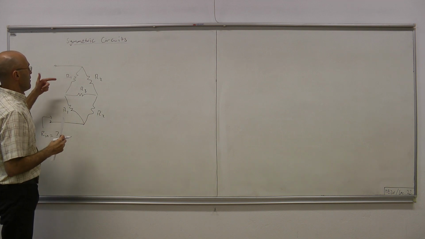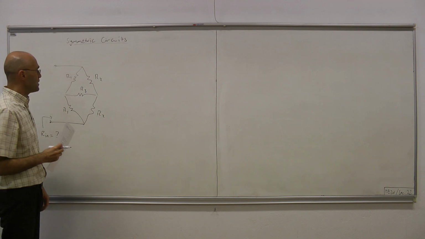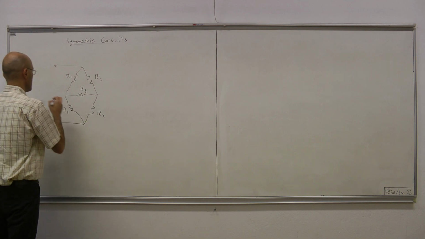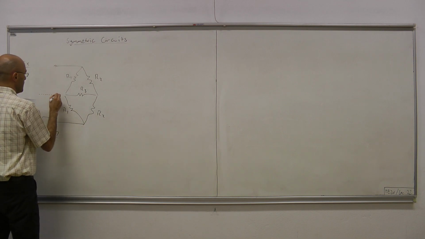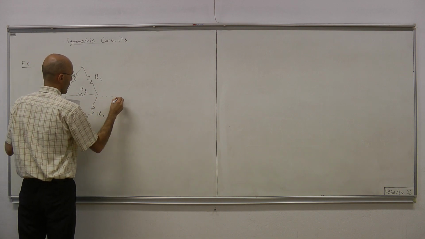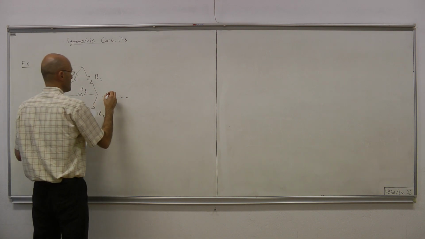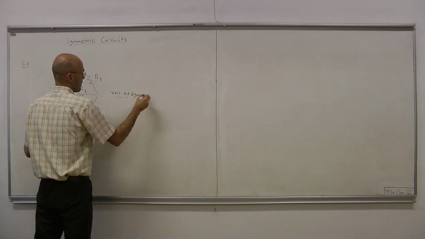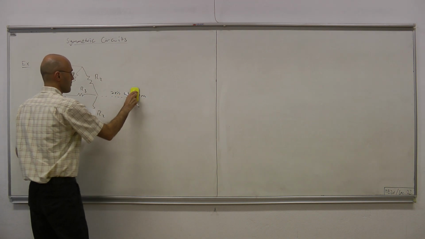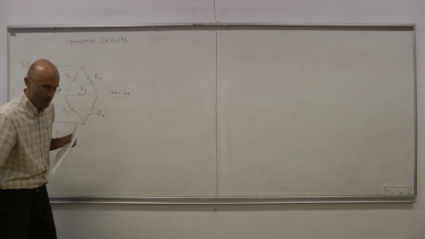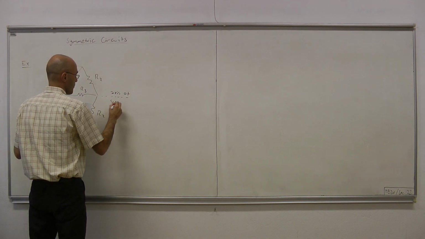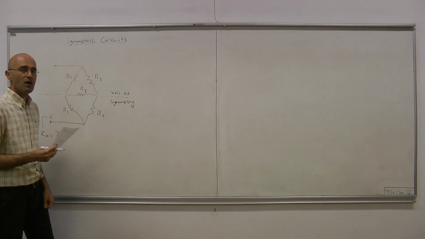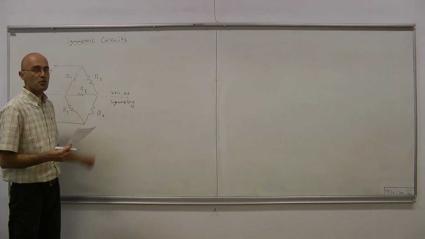Now, for this special configuration, we immediately recognize a certain symmetry. That is, if you consider this line as the axis of symmetry, the distribution of resistances are symmetric with respect to that horizontal line.